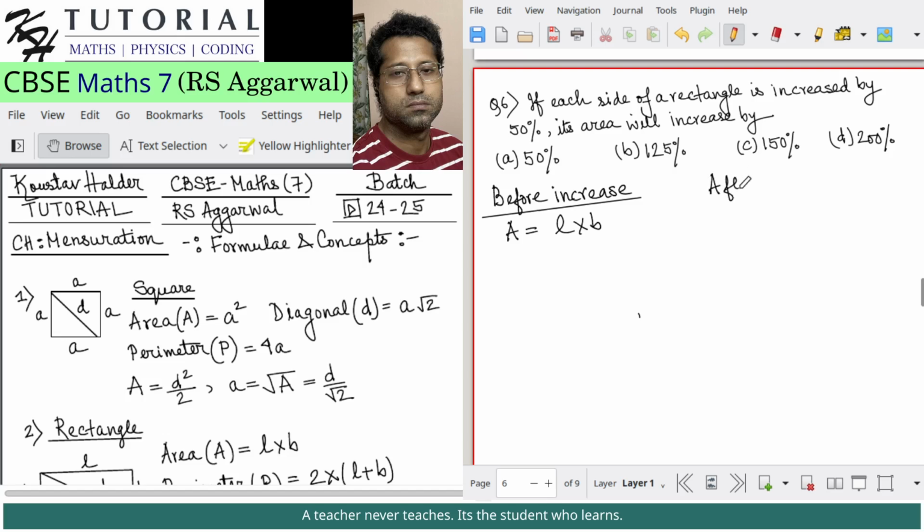After increase of 50%, that is when both the length and breadth are increased by 50%, what do we have? Let's say after increase the new length be L dash.